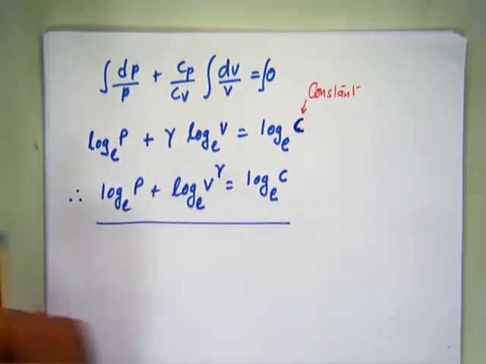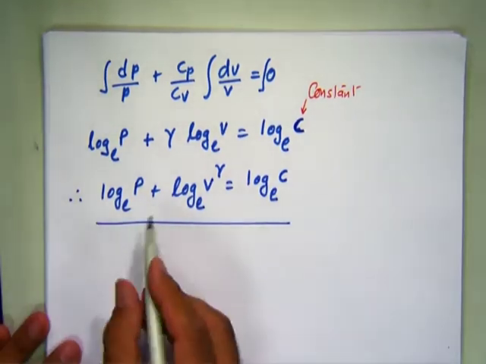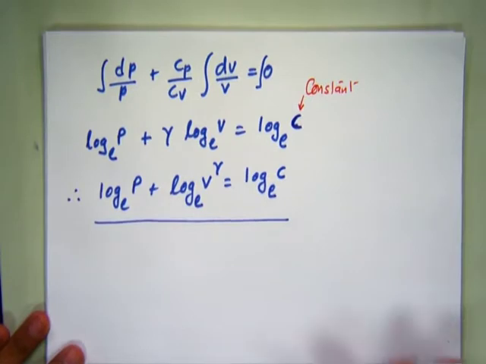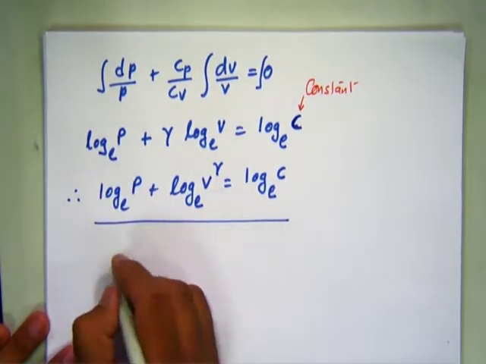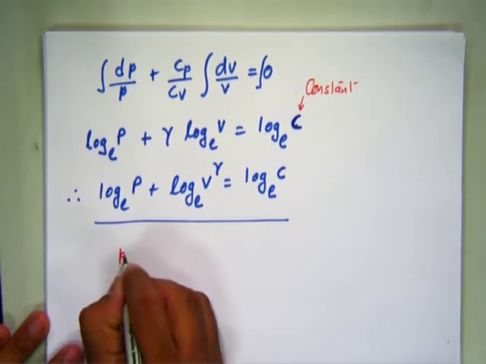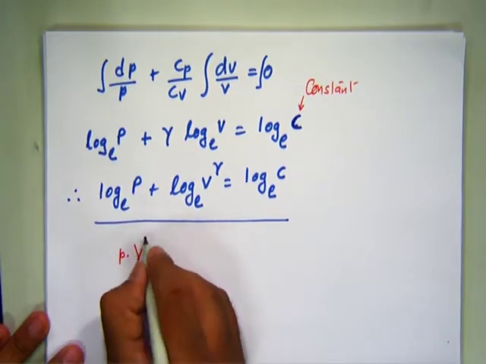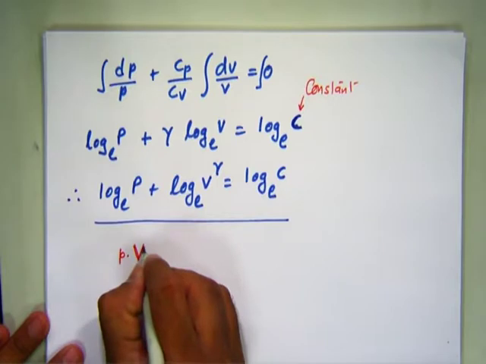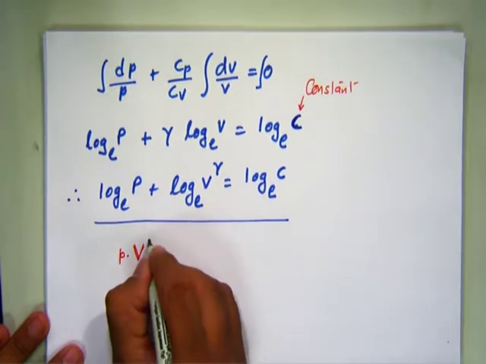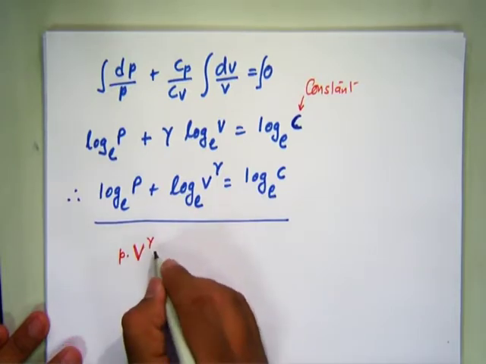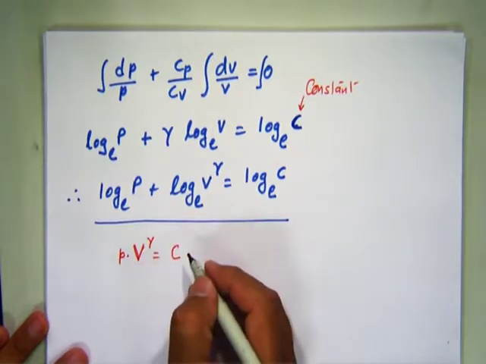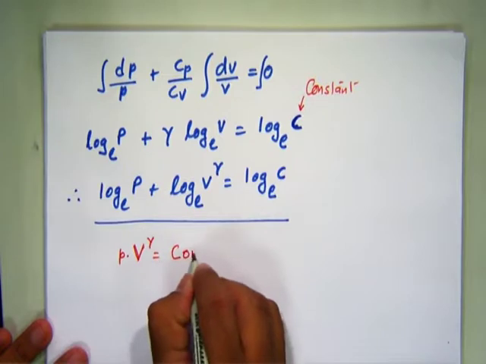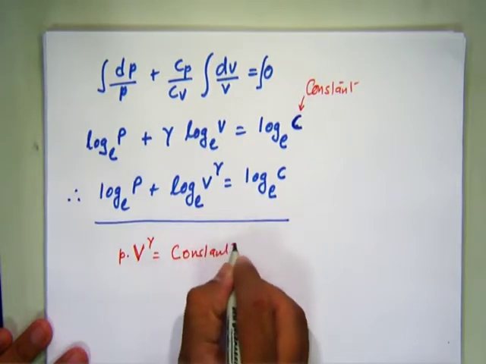Further simplifying this by applying the logarithmic rule, you will get P into V raised to gamma is equal to C, a constant.